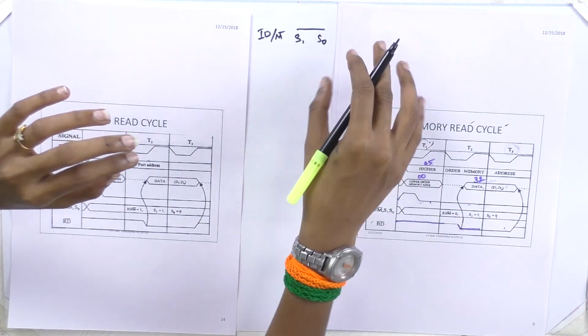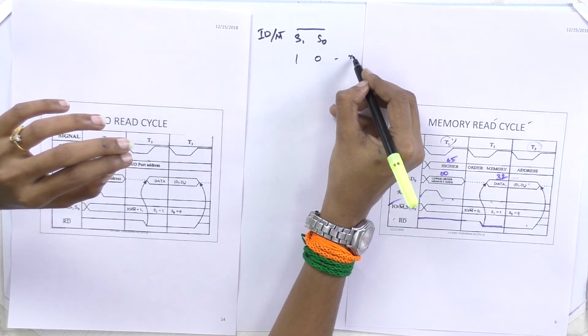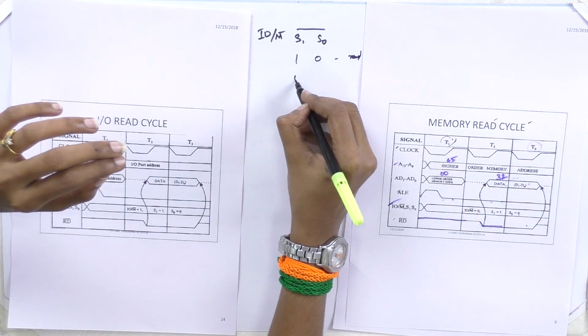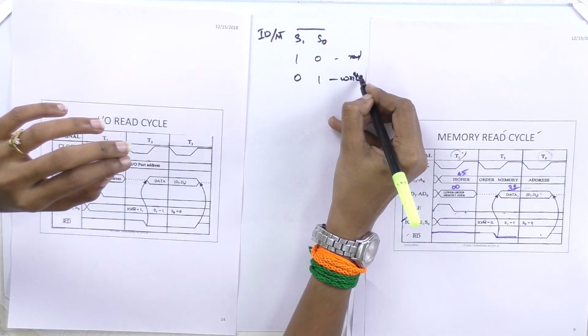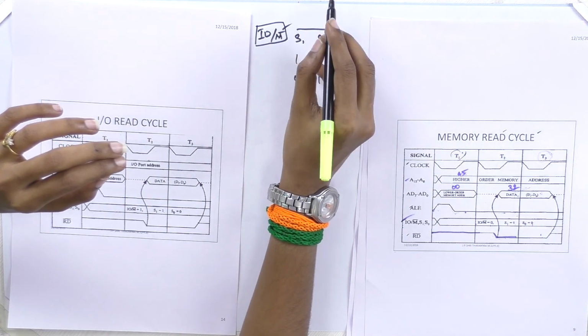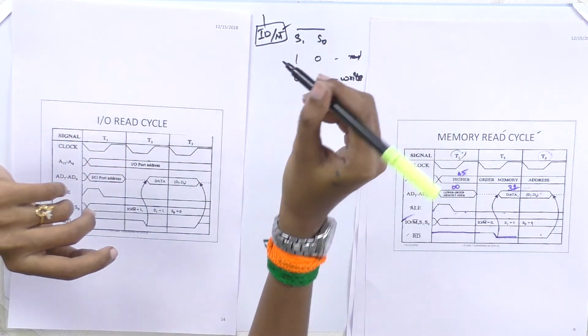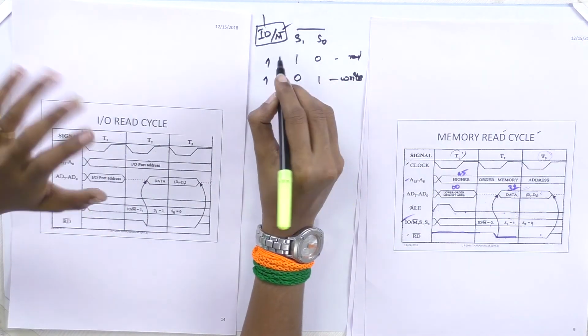For the status signals there is no difference. If the value is 1 0 it is read, if the value is 0 1 it is write. The IO/M bar signal only decides whether we are performing a memory operation or an IO operation. If it is memory you write 0, if it is IO you write 1, that's all.